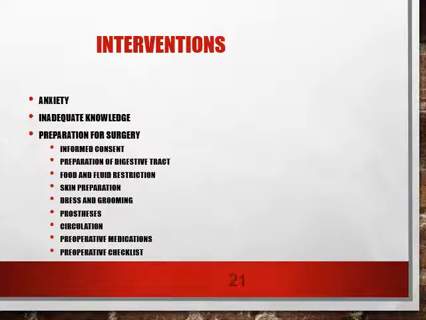So here I'm going to list some interventions, and then I'll talk about them. So anxiety. I know I said I'd say more later, but I repeat myself. If the patient's anxious prior to surgery, call the doctor. They may need medicine for that anxiety.